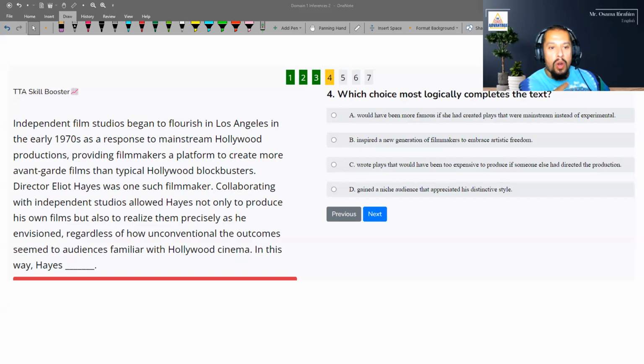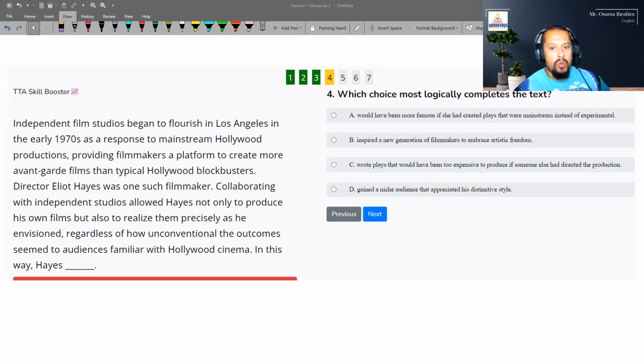The answers are believable. However, we need to choose an answer that's not only believable, not only plausible, but also supported by the text. You have to keep this in mind. So you have to try to stay away from answers that just sound correct.